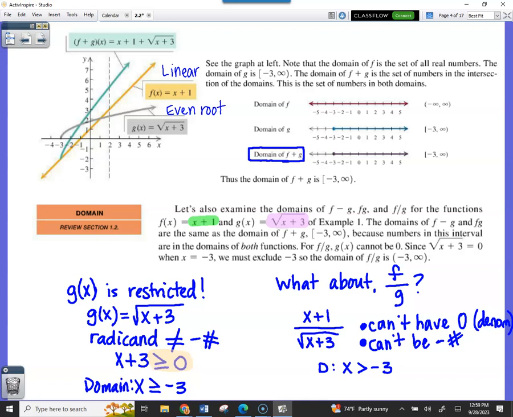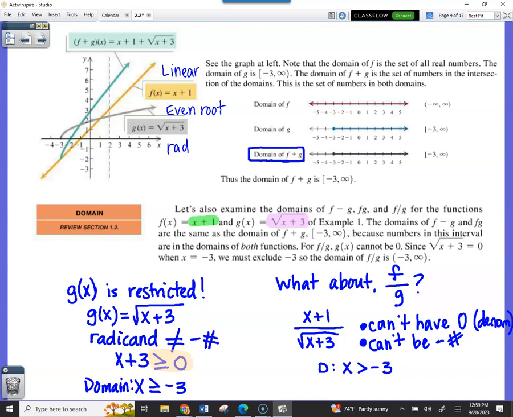Even roots do. You cannot take the even root of a negative number. So the radicand, we wrote it right here. The radicand cannot be negative, so it has to stay greater than or equal to 0. And that's how you find the restriction for the even root. We practiced this already. It has not changed.